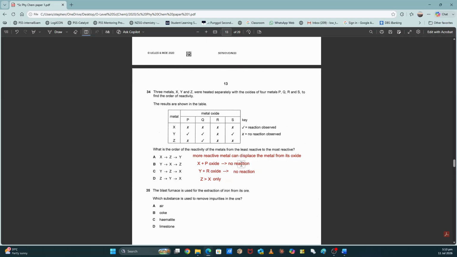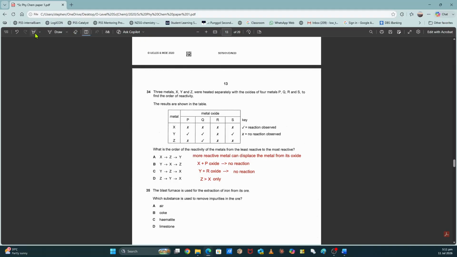But still, we can deduce from here that Z can displace greater than X only because Z can at least displace Q. But X cannot even displace any other one.